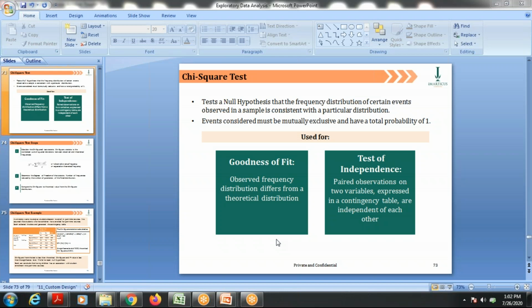Correct. If it is 45% of some 100% and the remaining percent of 100%. Clear? Clear, sir. So the goodness of fit says if the observed differs from the theoretical, that means it differs from the expected one. In that case, we reject the null hypothesis. Correct.